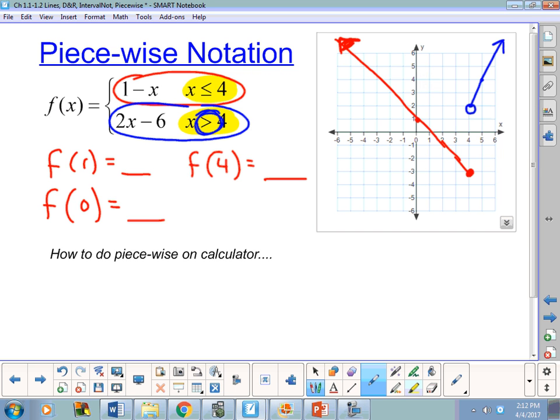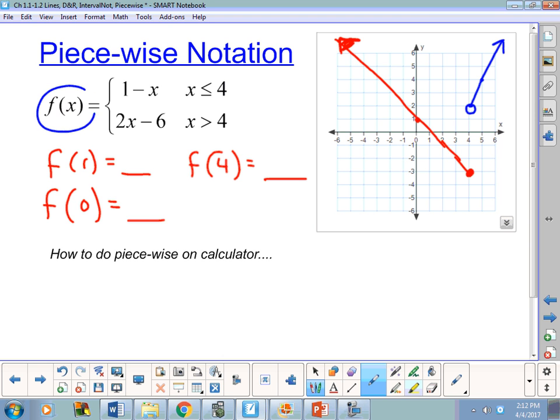All right, so anyways, if they ask some questions like what's the value of f at 1, let me erase all this. This function is just one function that has two parts. f at 1, well, 1 is not greater than 4, so we're not going to use that bottom equation. We're going to use the top equation. And once I put 1 in there, I'll get out 0. f at 4, well, 4 is not greater than 4, so I'm not going to use the bottom equation.